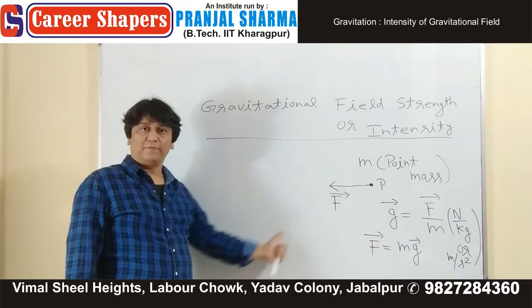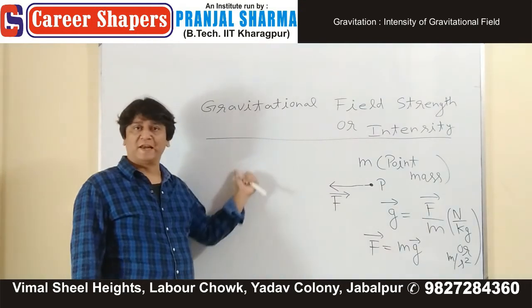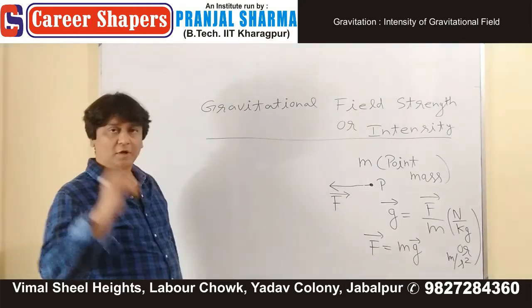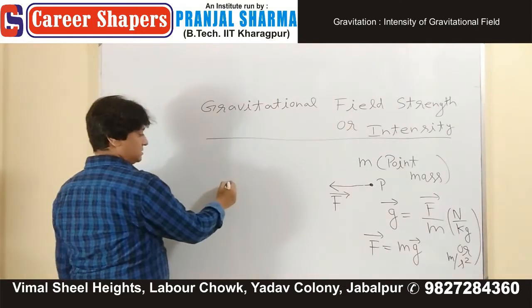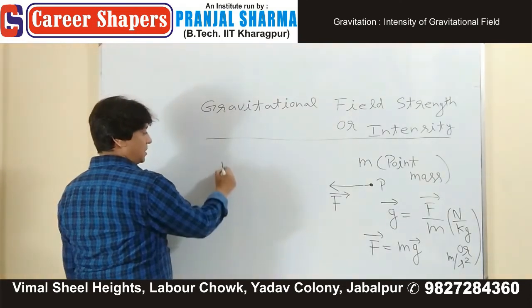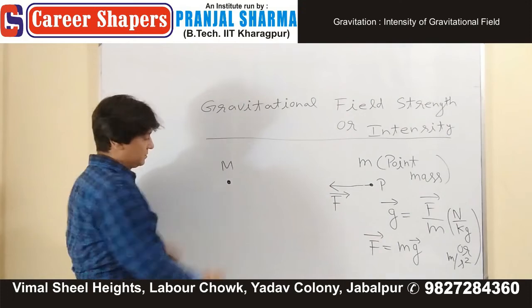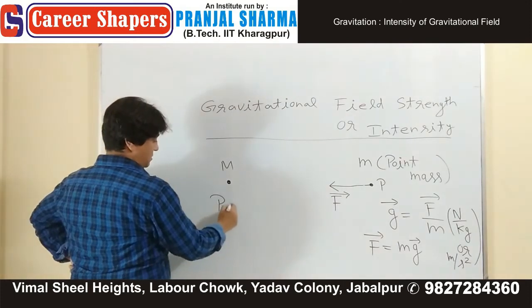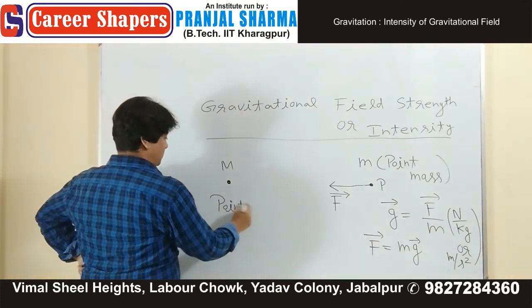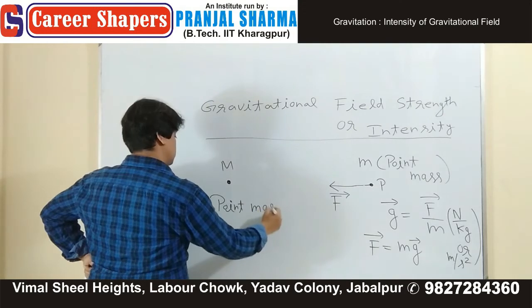This body of mass capital M, which was of any irregular shape, now we are saying is a point mass itself. This is your point mass.